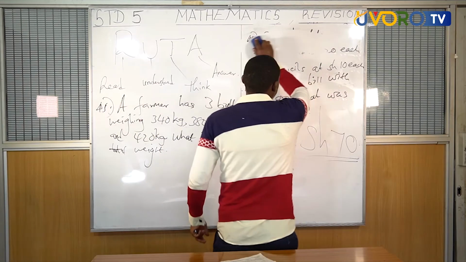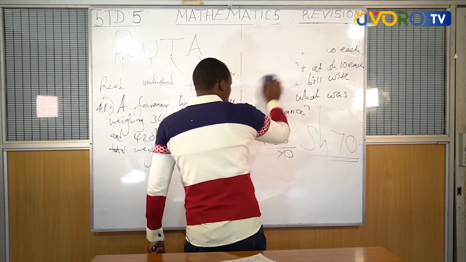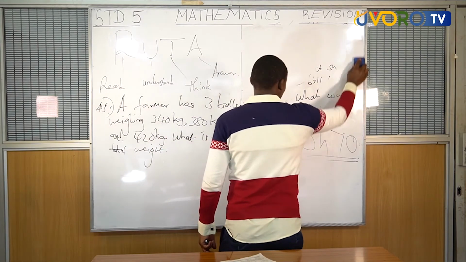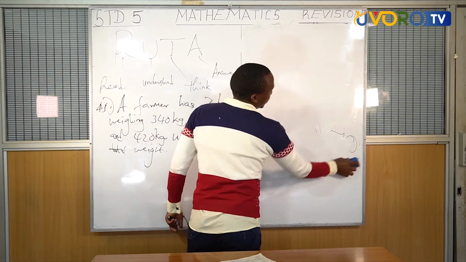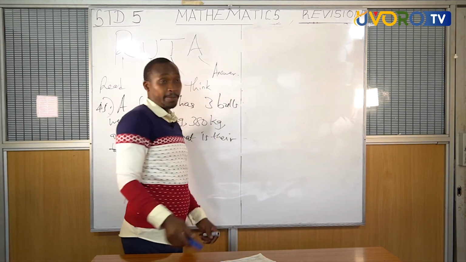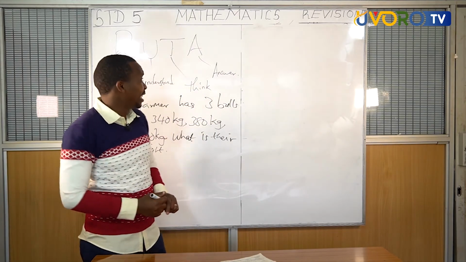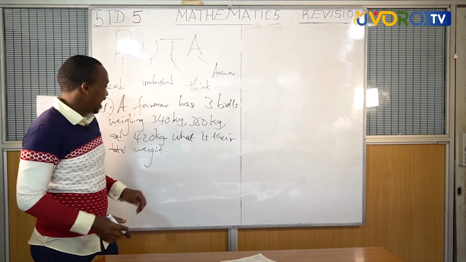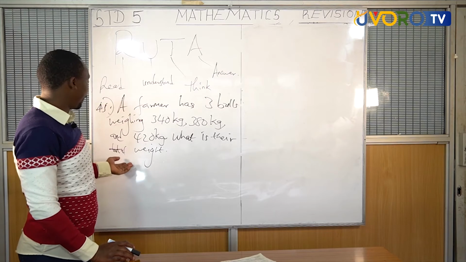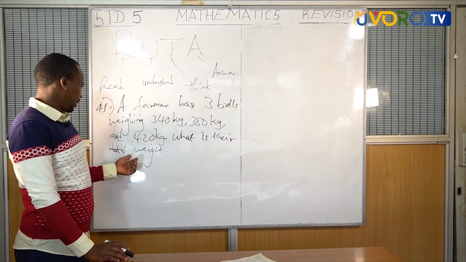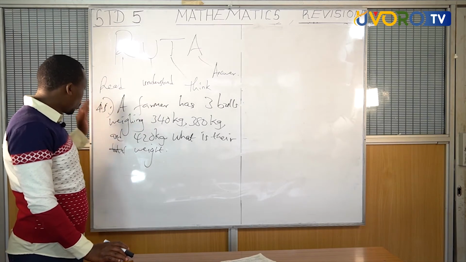For understanding, what are we now supposed to do? Somebody to give us an idea what you are supposed to do? Yes, very good. Now we are supposed to add. That pupil has gotten the answer to that question, but before we arrive at it, we want us to know what we are supposed to do.